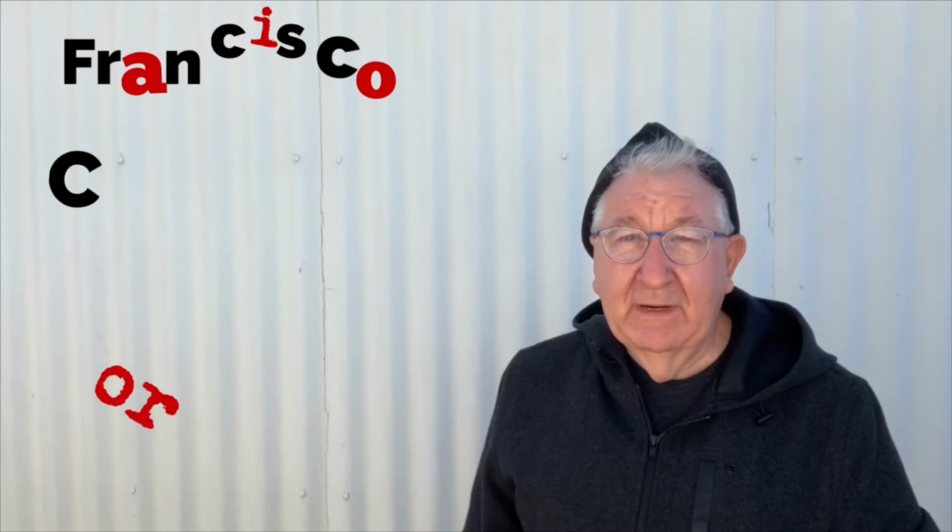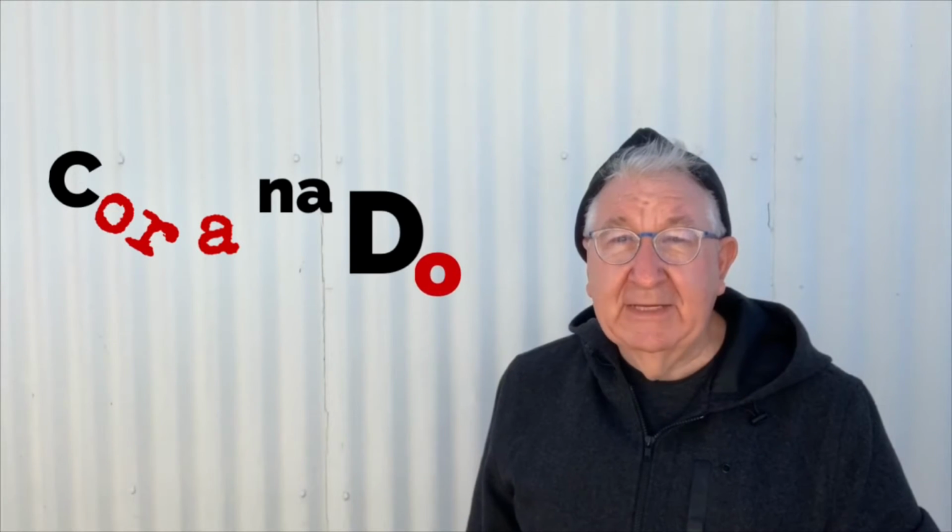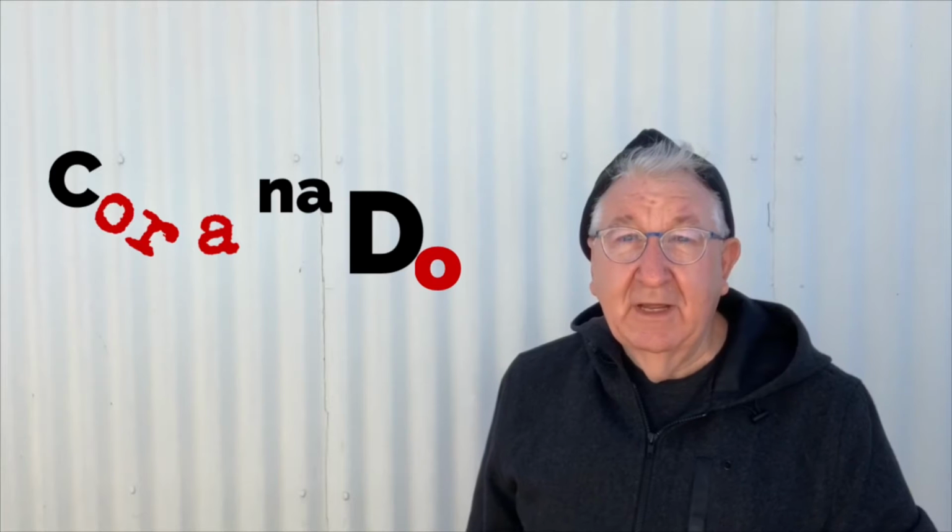Coronado. Cor, like in or. Remember, that is one of the most common sounds in English. Now, nado. Remember in English, d. We hit our tongue on our palate to make that sound. So we've got Coronado.